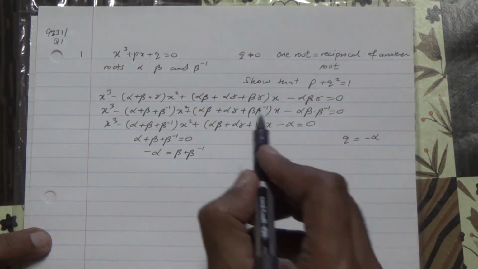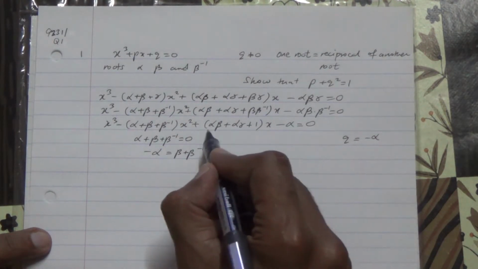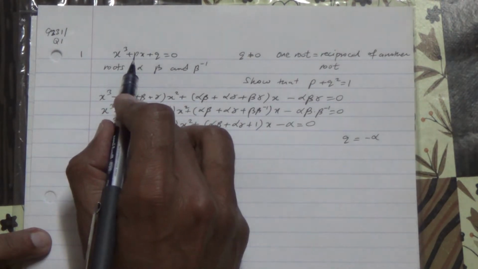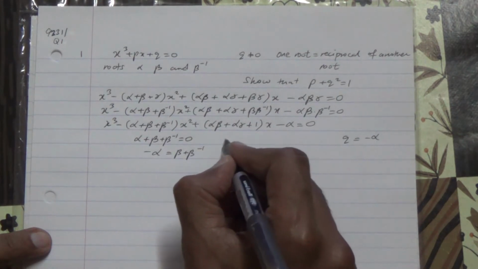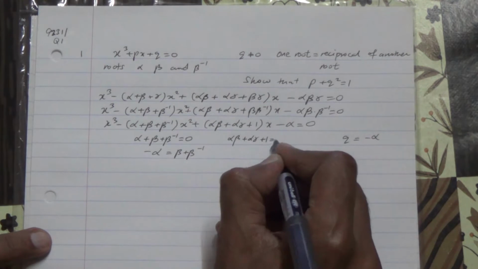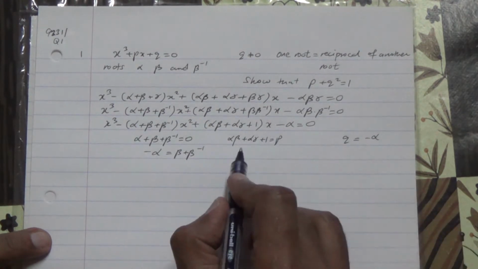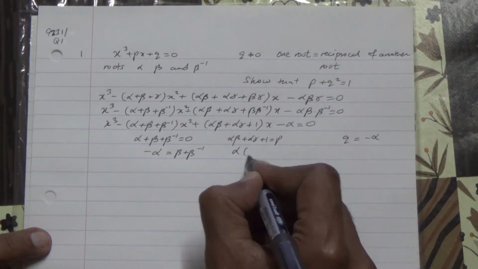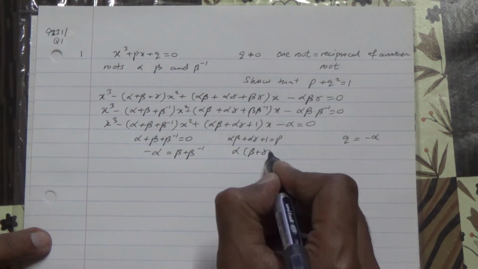Also, what about this one? Alpha beta, the coefficient of x I'm talking about, is p. So what we're going to say is all of that, alpha beta plus alpha gamma plus 1 is equal to p. And from here, we can factor out alpha, and we have beta plus gamma.